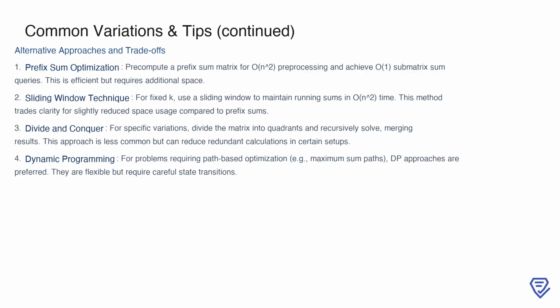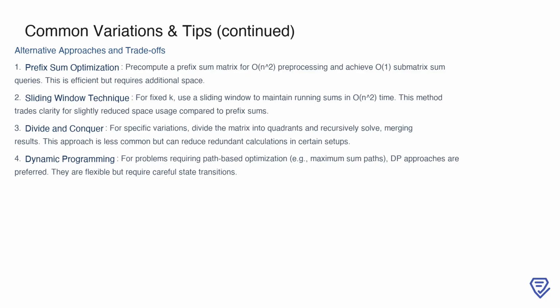Another option is the sliding window technique, which is particularly useful when k is fixed. By maintaining a running sum as you slide over the matrix, you can achieve an O(n²) time complexity while using slightly less space compared to prefix sums. For problems with specific setups, a divide-and-conquer approach might be effective. By splitting the matrix into quadrants and solving recursively, you can reduce redundant calculations, though this method is less commonly used.